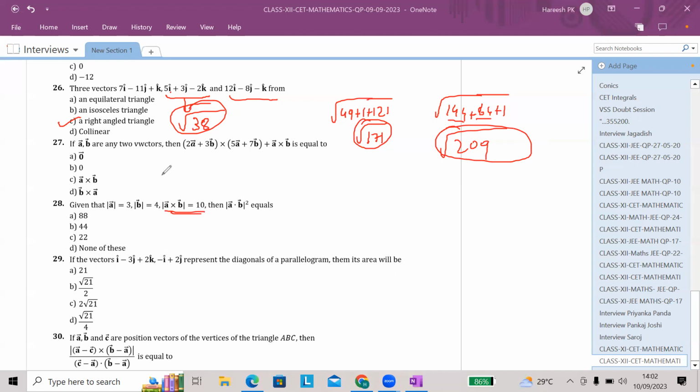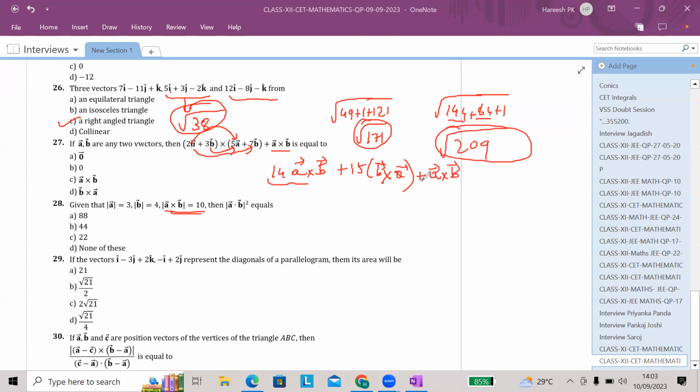So from this 27th one, A cross A is 0. So it will be A cross B. So 2 sevens are 14 A cross B. And then 15 B cross A. And then the last A cross B is there.